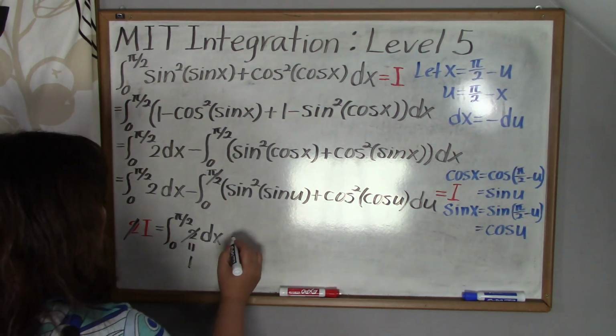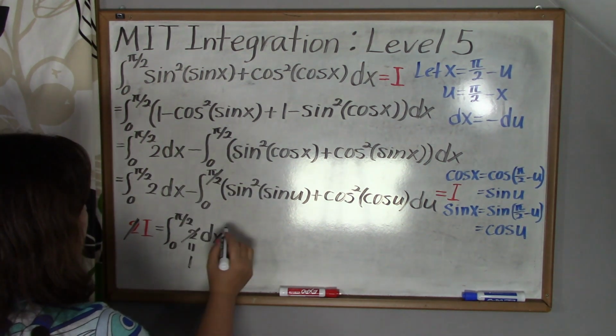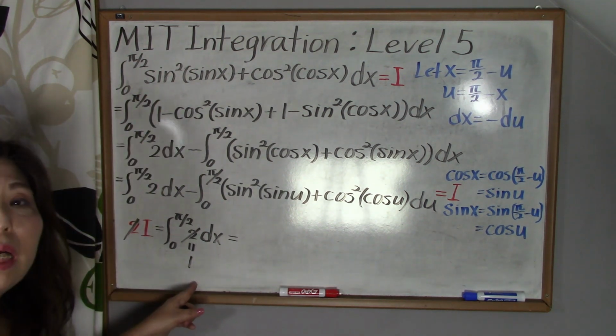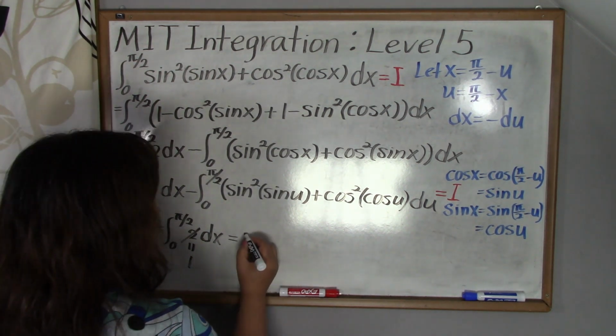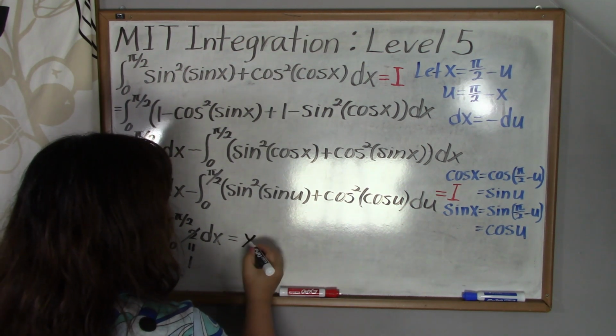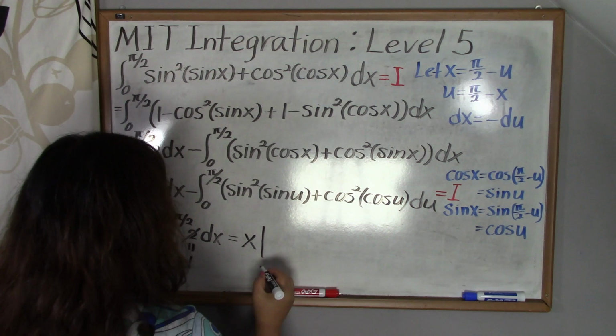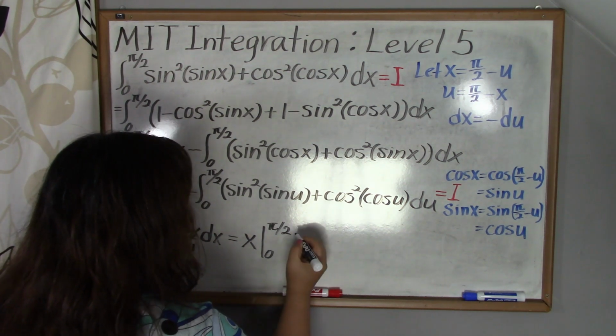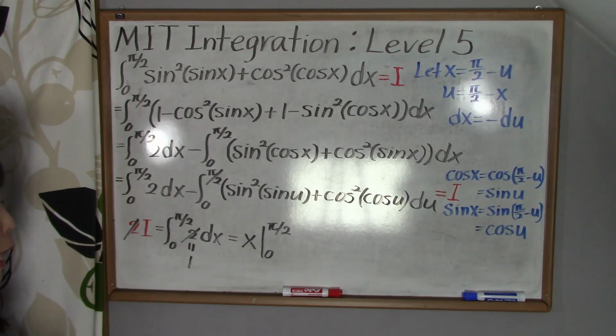This is 1 dx, so the integral of 1 is x, and the bounds are from 0 to pi over 2. So what is I?